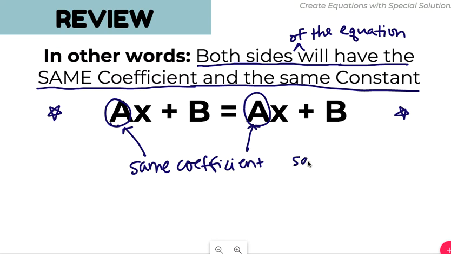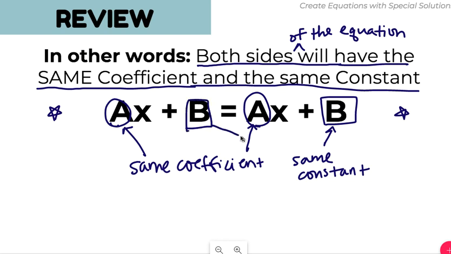We also have the same constant. I have a B on the right and a B on the left. Same coefficient, same constant on each side.